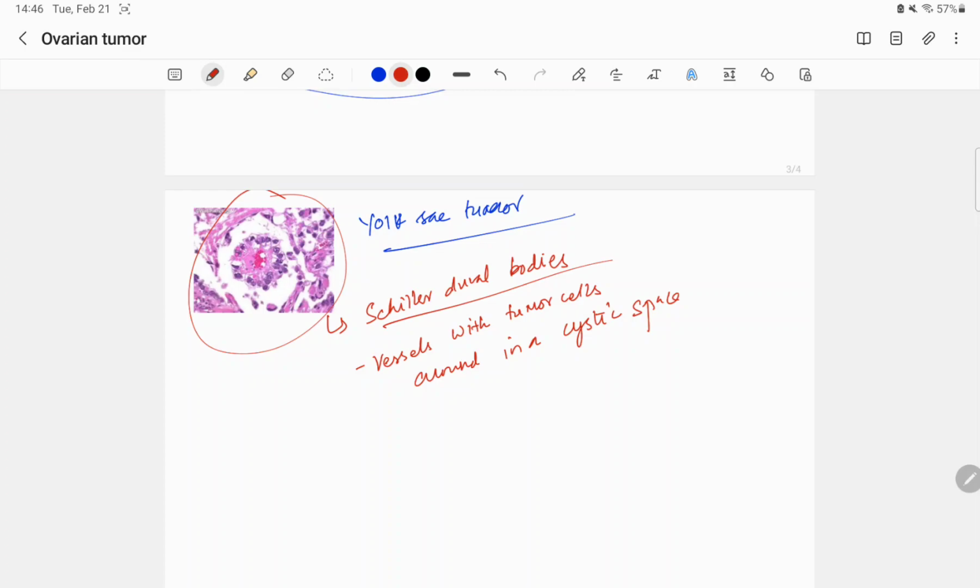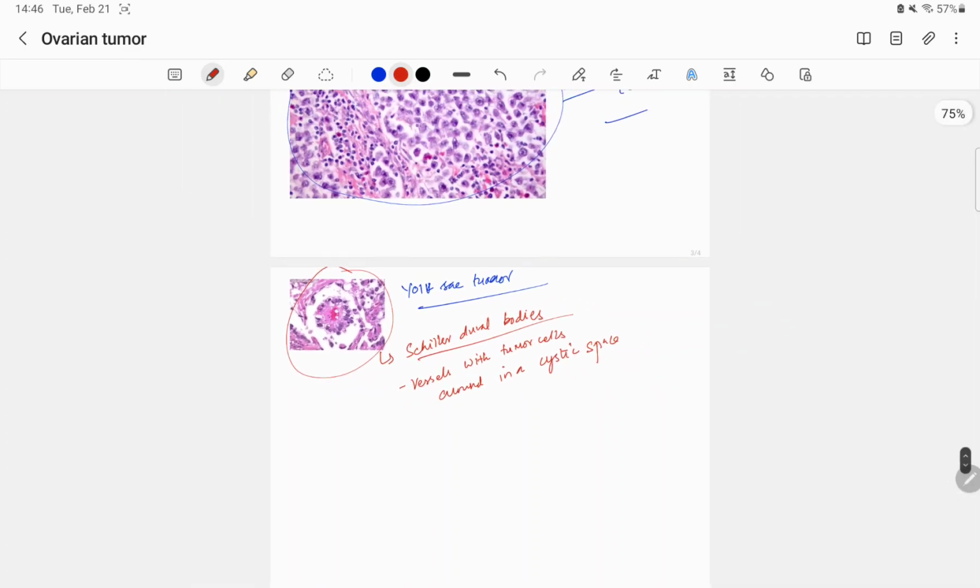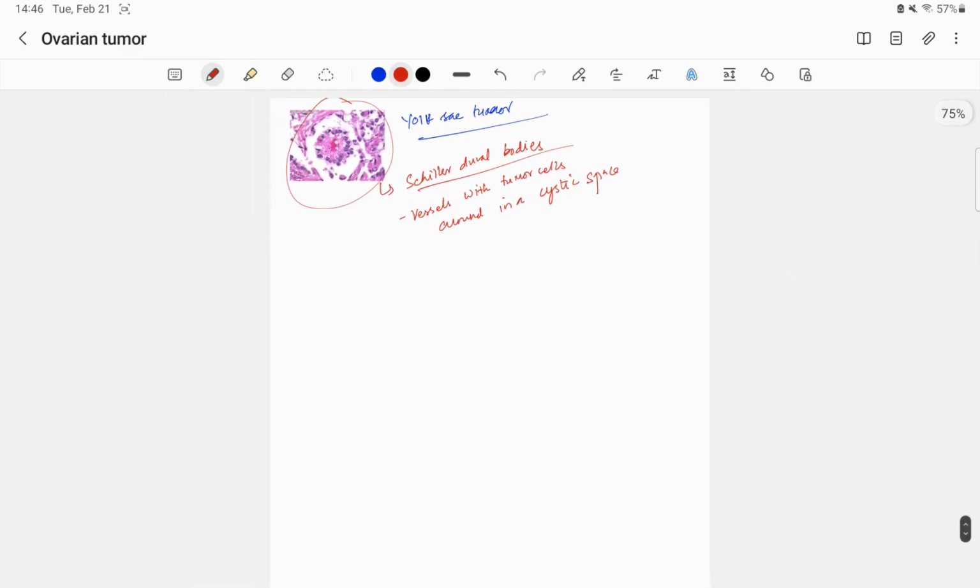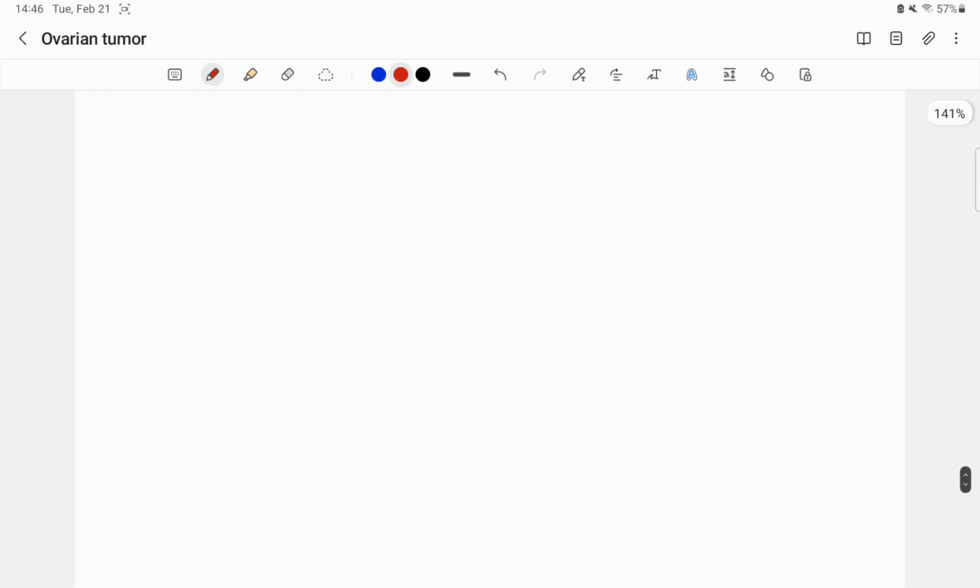So now we are done with epithelial tumors and germ cell tumors. Now finally we will study about the last classification of ovarian tumor, which is sex cord tumors.